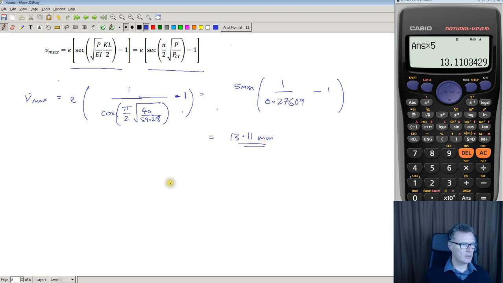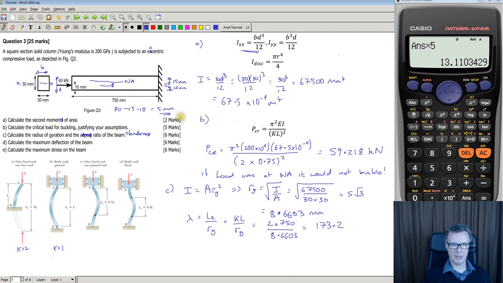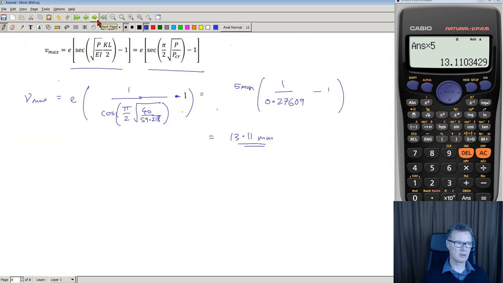Kidoki. Right, so now that is max deflection, now max stress. So I need to use the next formula.